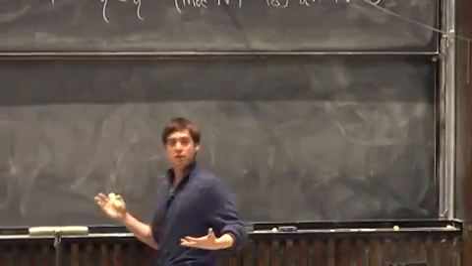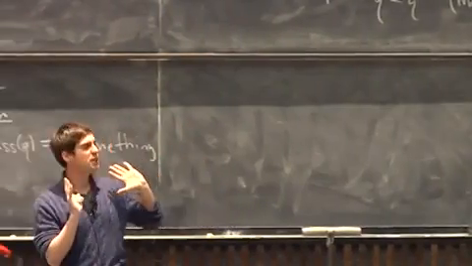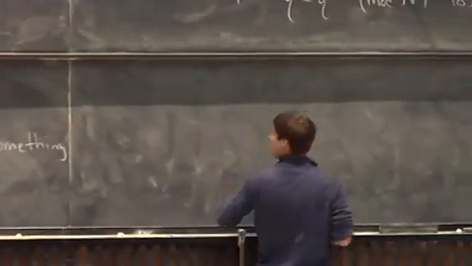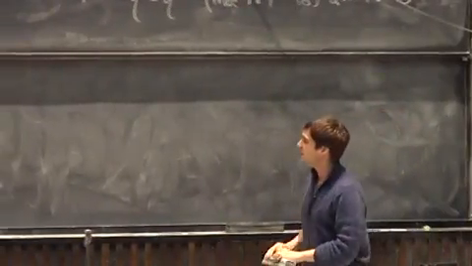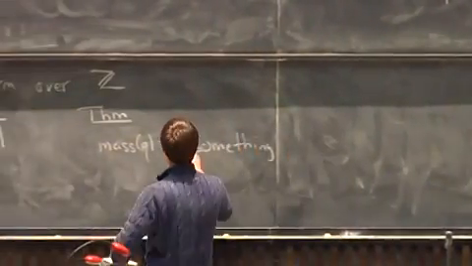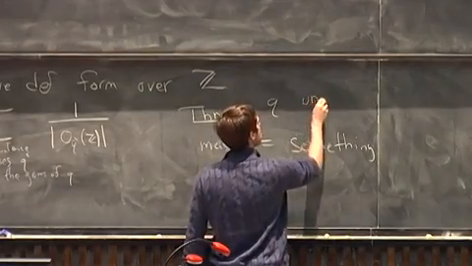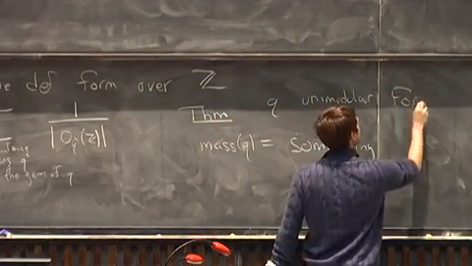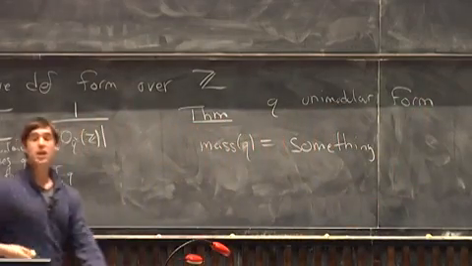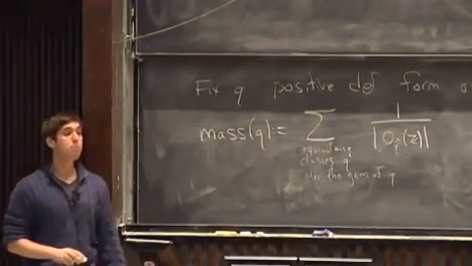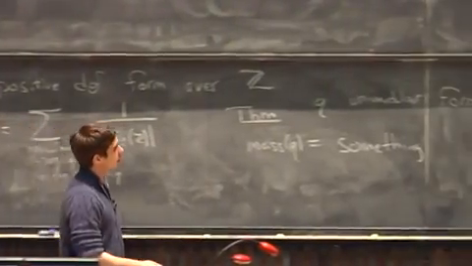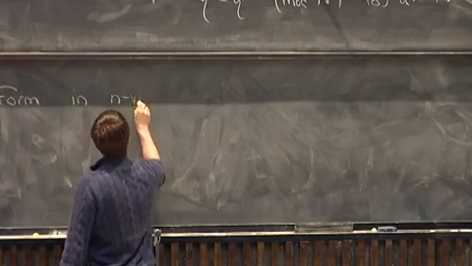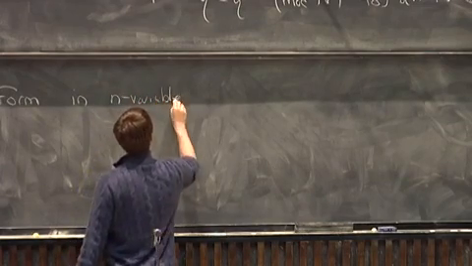OK, so the unimodular forms comprise a genus, and that's in some sense the simplest genus. So let me tell you what the Siegel mass formula tells you for that genus. So let Q be a unimodular quadratic form, meaning that it's non-degenerate mod p for every prime number p, in n variables.